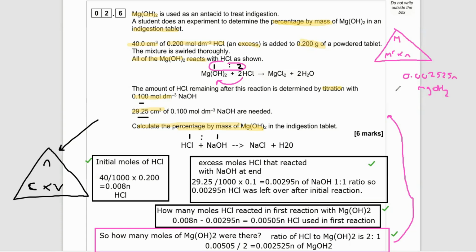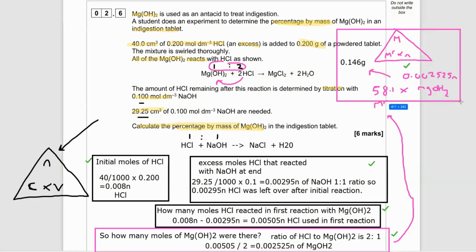So 17 times 2, and then add that to 24. And then you've got your MR, which is 58. If you want to be precise, 58.1, but you don't need to be that precise. So 58.1 times the moles, we're going to find we have 0.146 grams of magnesium hydroxide.